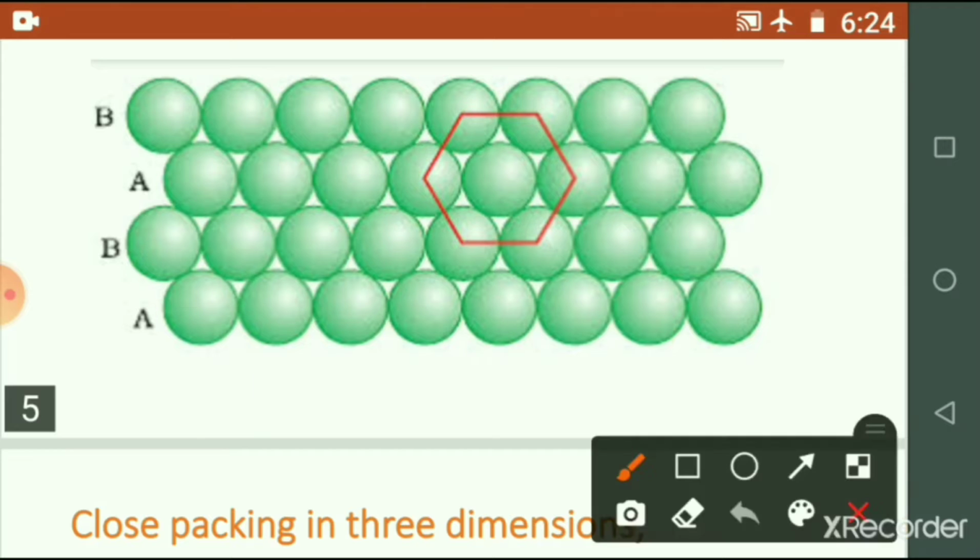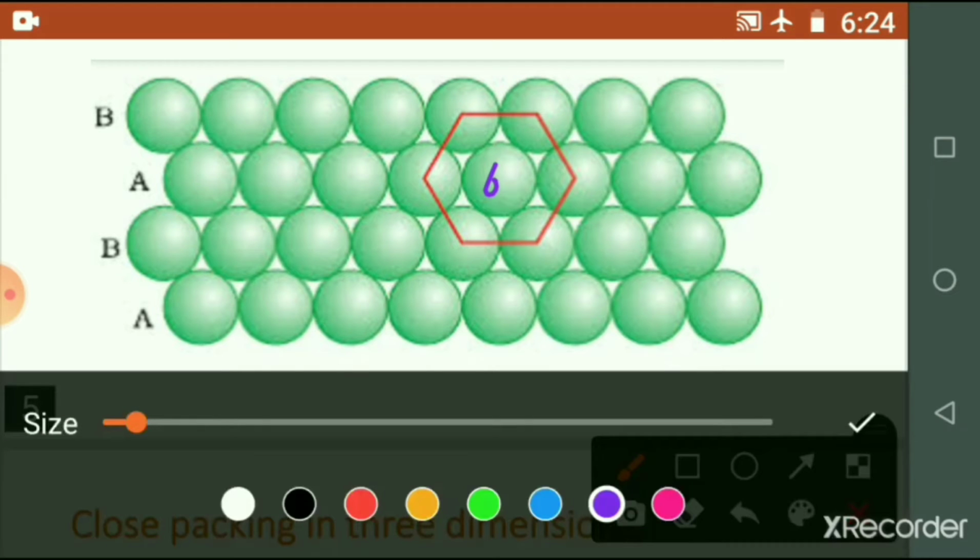Now we are going to observe what the coordination number is. If I consider this particular atom, it is in direct contact with how many other spheres, how many nearest neighbors does it have. It has the first nearest neighbor, second, third, fourth, fifth and sixth.